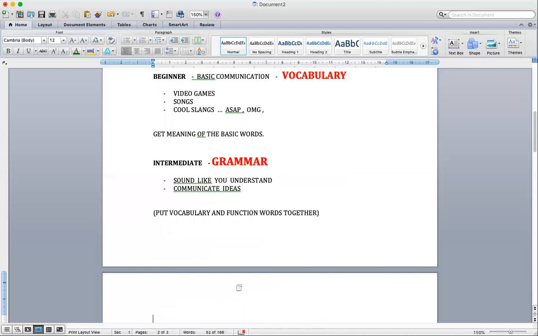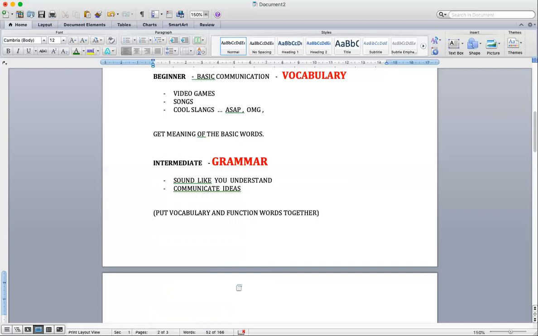So when you say intermediate, it's very clear that you need to have good grammar in a proper way, so that you can also communicate your ideas clearly. Whereas at the beginner level, you just need to have vocabulary, get the meaning of the basic words. That would be enough to start speaking English.